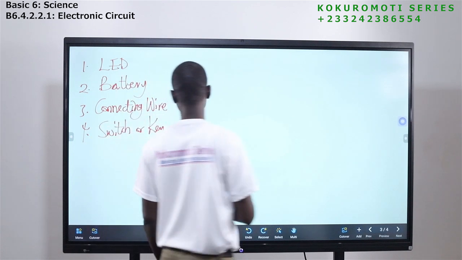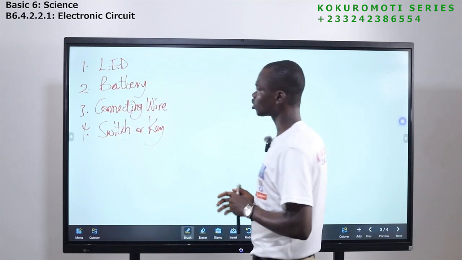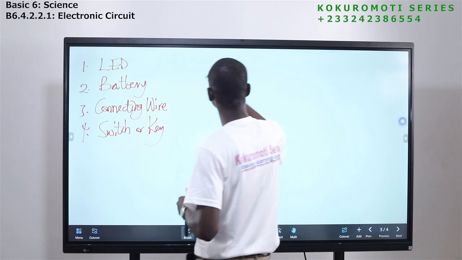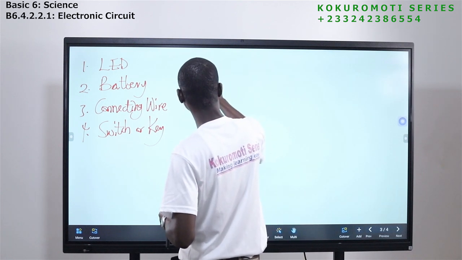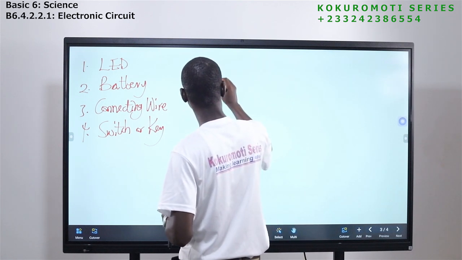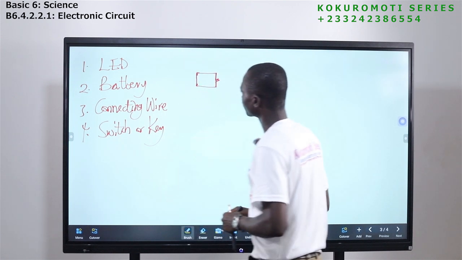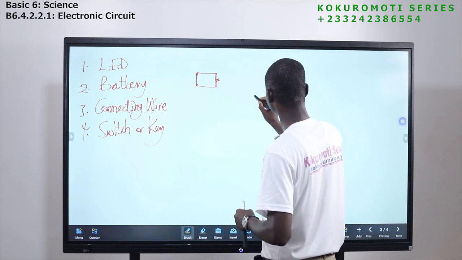So if you are to construct or draw an electric circuit, this is what we are going to do. We will have our battery here. We have our switch here.